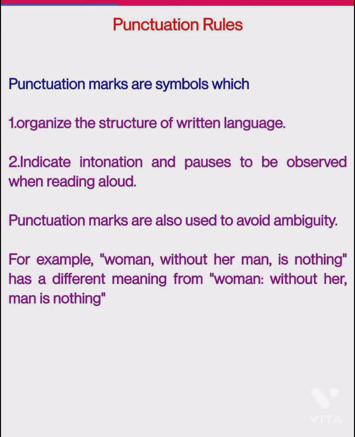For example, "Woman without her man is nothing" has a different meaning from "Woman, without her, man is nothing." So where to keep a punctuation mark, where not to keep a punctuation mark, and if we keep one, what happens? That is clearly mentioned. I'll explain it properly.